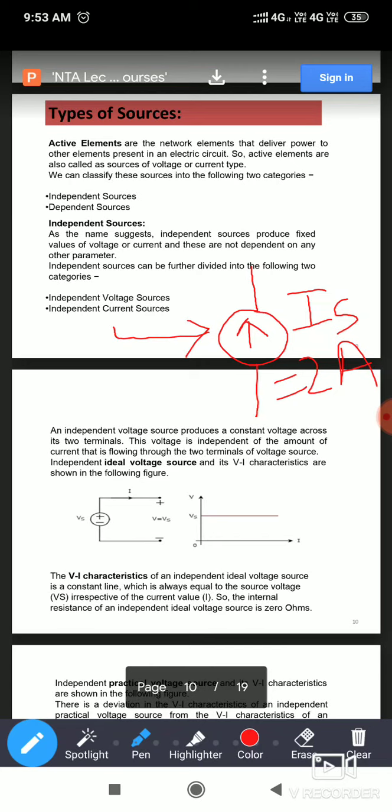All points are important. In the network subject, a small thing will create a lot of problems, so every small thing you have to note down. If you concentrate on all those small points, there should not be any problem throughout this chapter or this subject. I understand students make mistakes in those small things only.